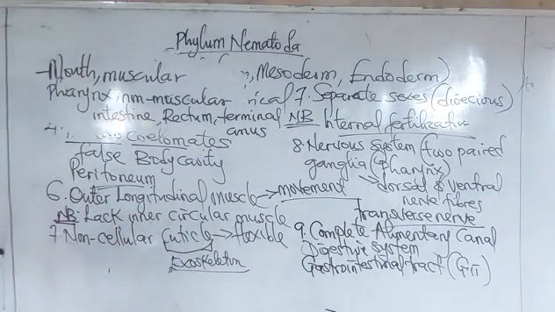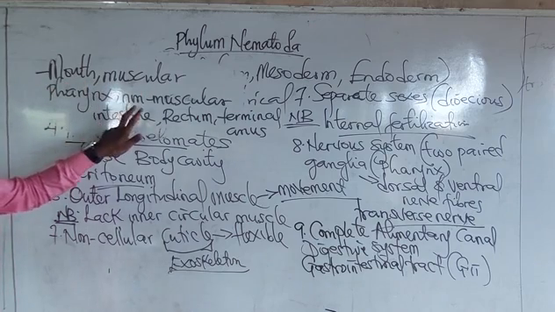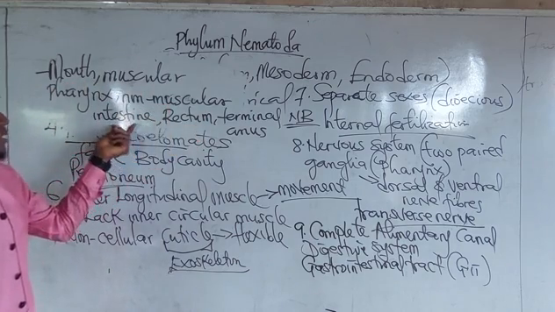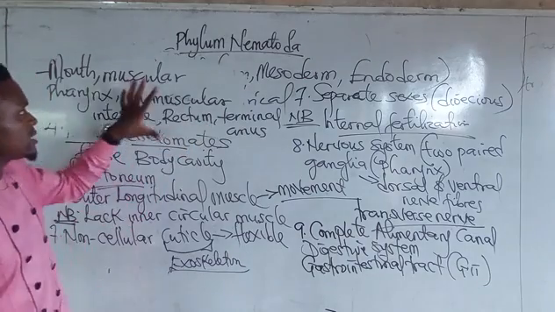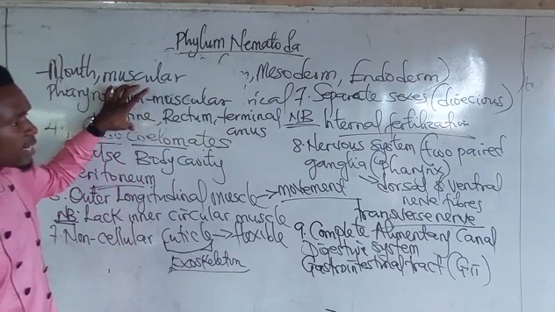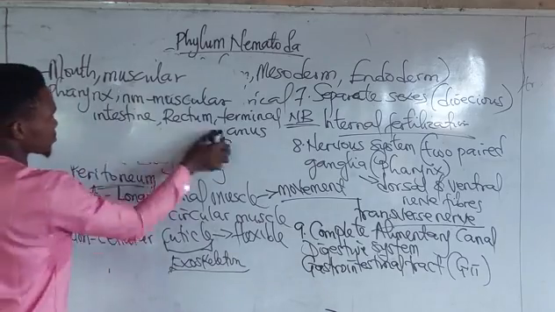All right, the nematodes have the mouth, muscular pharynx, non-muscular intestine, rectum, and what? Terminal anus. So these are the alimentary canals of nematodes. Please take note of that.